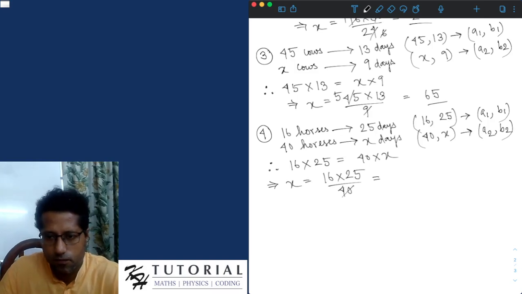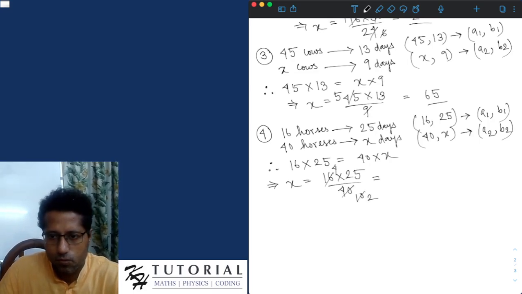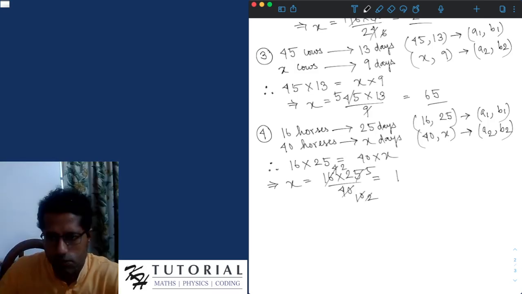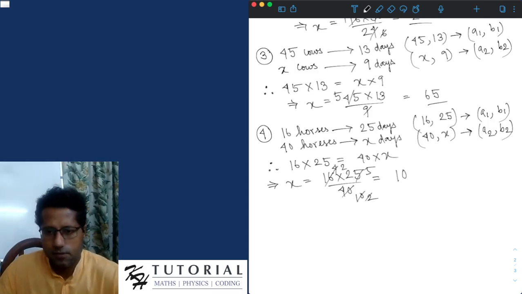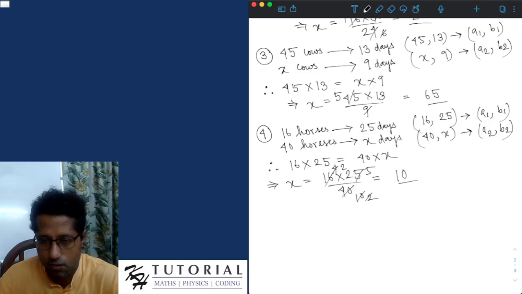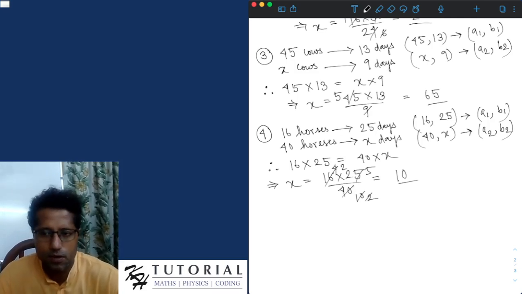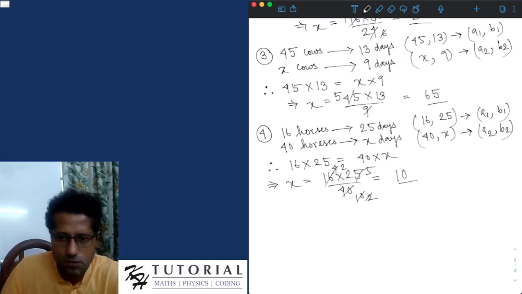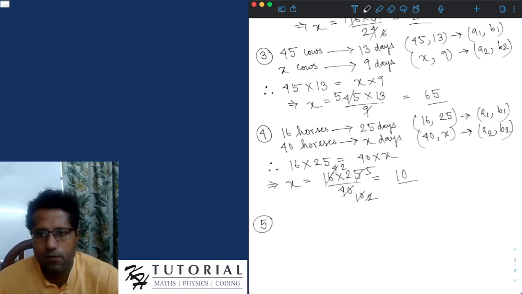Cancelling, this gives x equals 10 days. So definitely if you engage more horses, they will take fewer days to consume the same quantity of corn. Okay, let's do problem number 5.